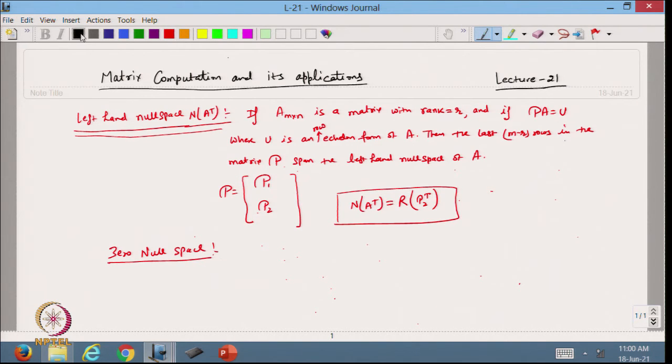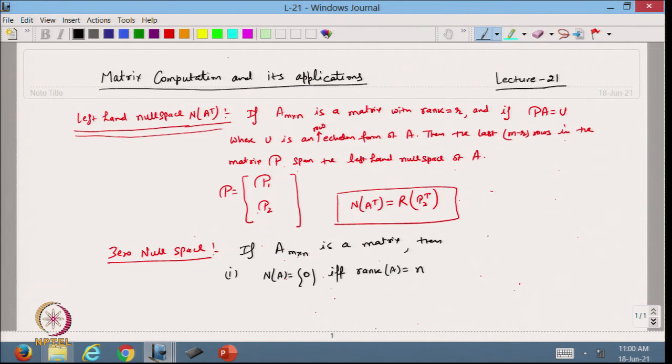In the 0 null space we say that if A is an m cross n matrix, then first, the null space of A will be only the 0 element if and only if the rank of A is n.